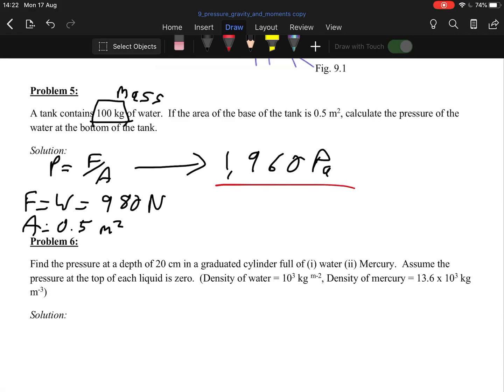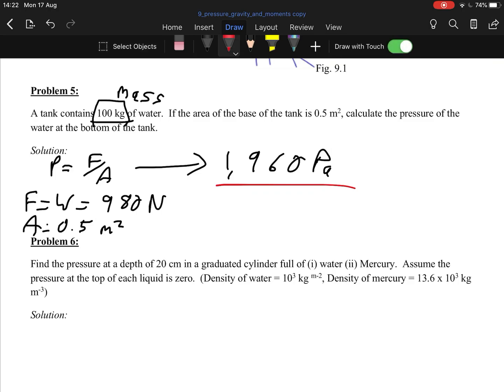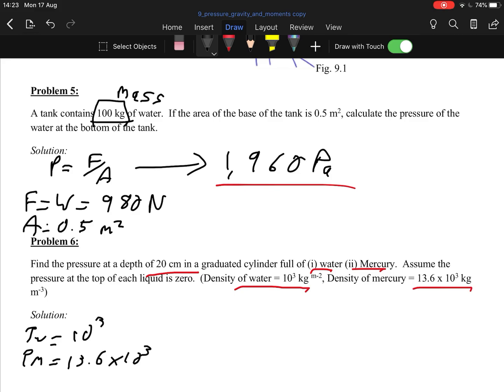Now, the second one: find the pressure at a depth of 20 centimeters in a graduated cylinder full of water, and then mercury. The density of water is 1 by 10 to the 3 kgs per meter cubed, and mercury is 13.6 by 10 to the 3.